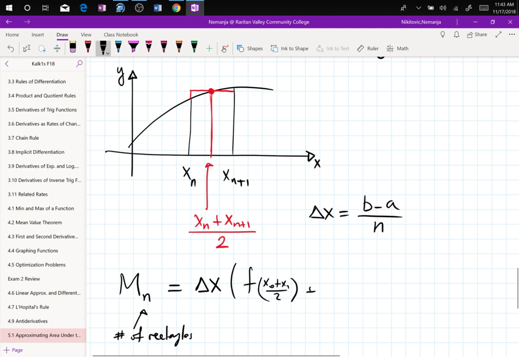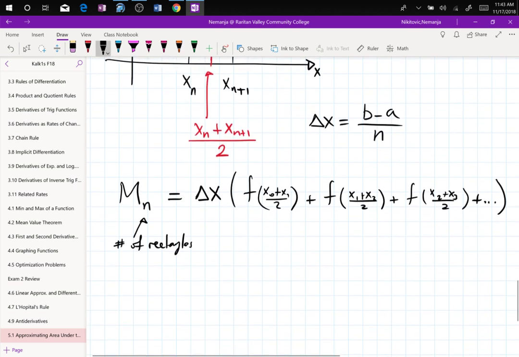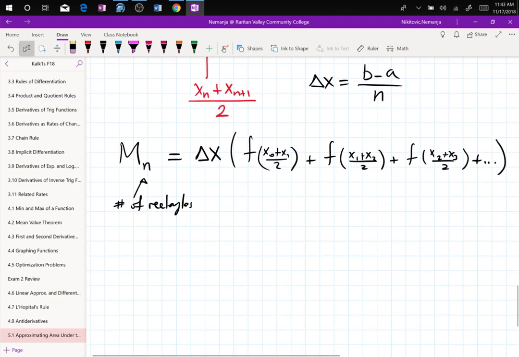So that's the input. Plus f of x1 plus x2 over 2. Plus f of x2 plus x3 over 2. And I'll put 3 dots because it goes on for however many rectangles you have. So that would be the formula.